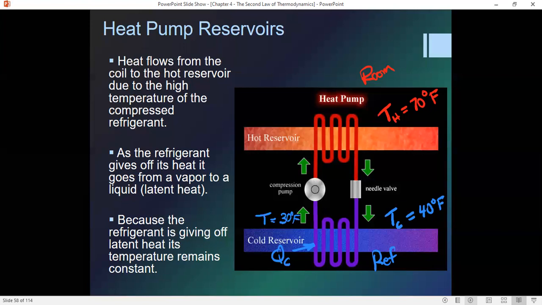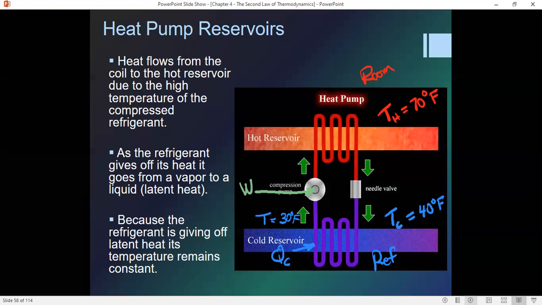Now, here's where the work is done. My compression pump, my compressor, as they call it, is hooked up to the electrical grid. There's a little electric motor that is going to turn this pump, and it's going to adiabatically compress the refrigerant.